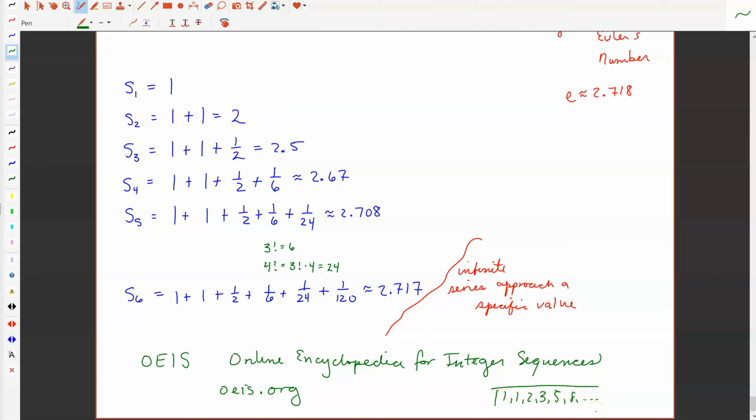And it would tell you about properties of that sequence, if there's an explicit formula that generates that sequence, so all sorts of cool things. So I'd encourage you to go check this out. Type in a sequence of numbers and then see what cool properties and formulas come out of looking at that sequence.